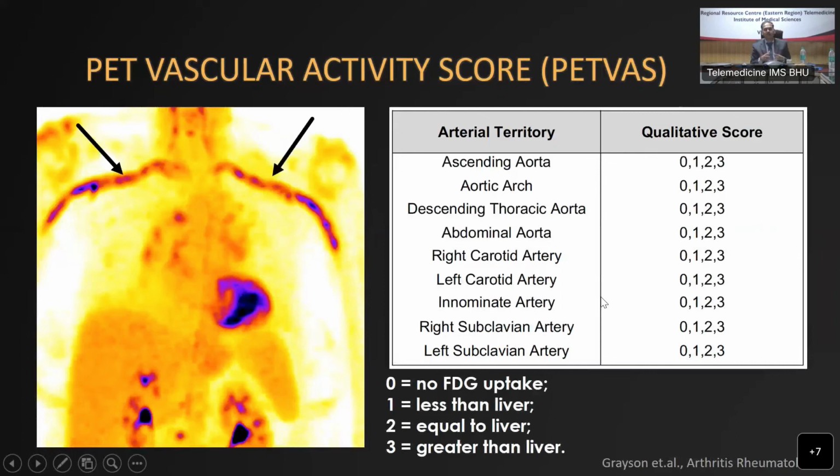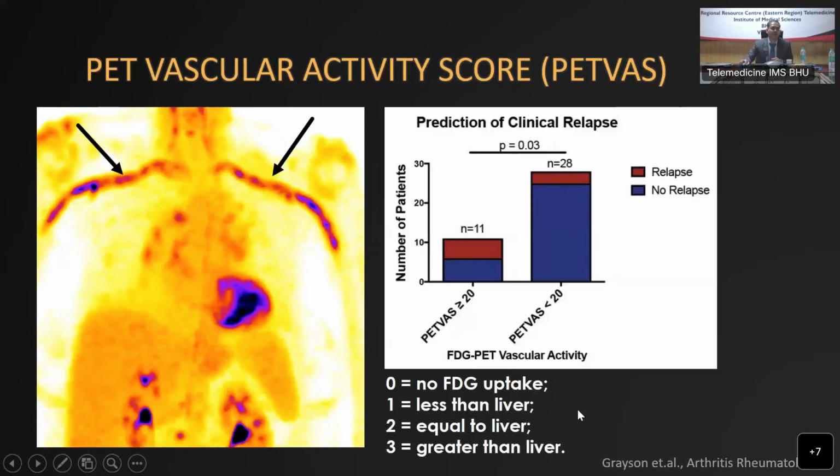Some people use this PET VAS score for each of these territories shown on your screen, which are graded as 0, 1, 2, and 3, comparative to the uptake in the liver and uptake on the vessel wall. If the total score is more than 20, that means these patients are more likely to have a relapse after receiving treatment.